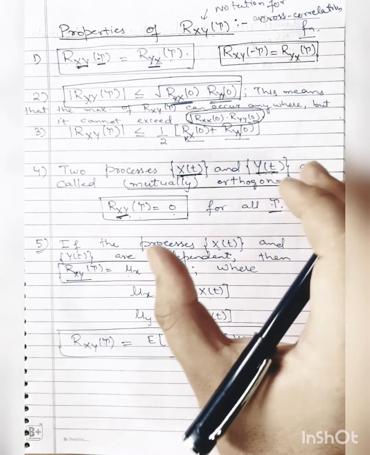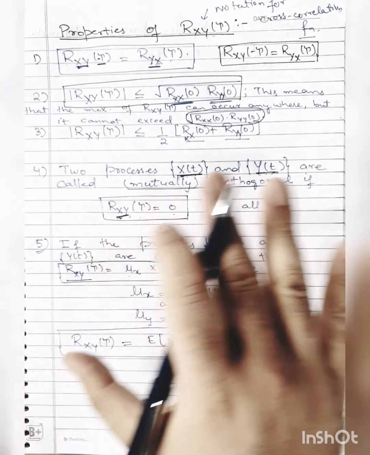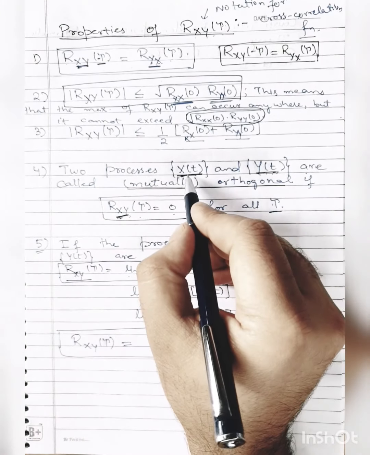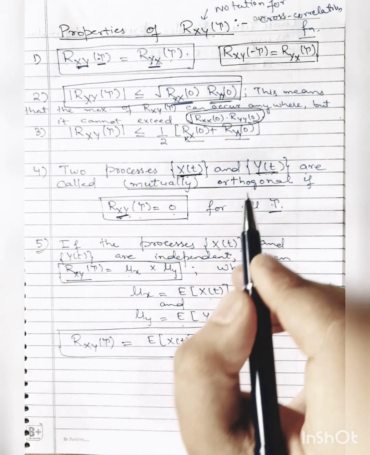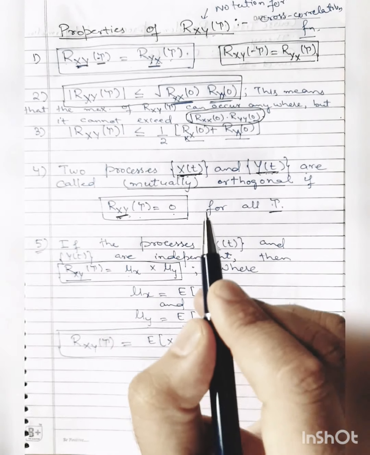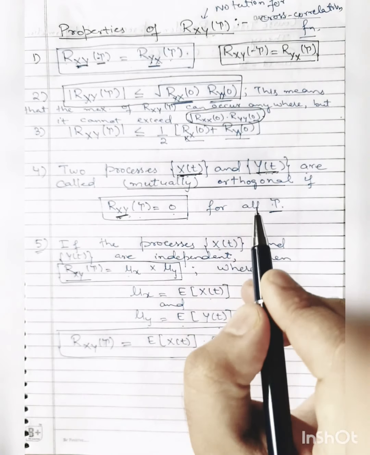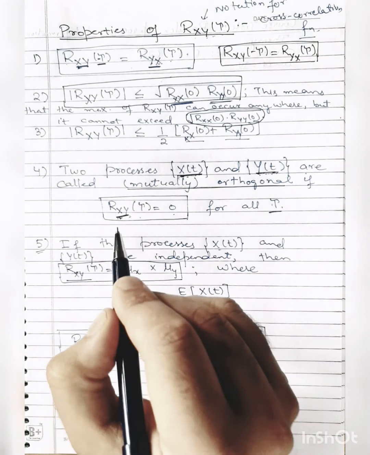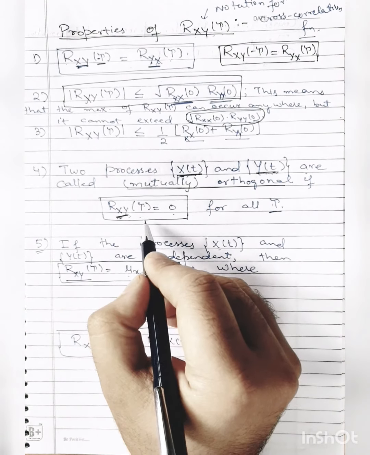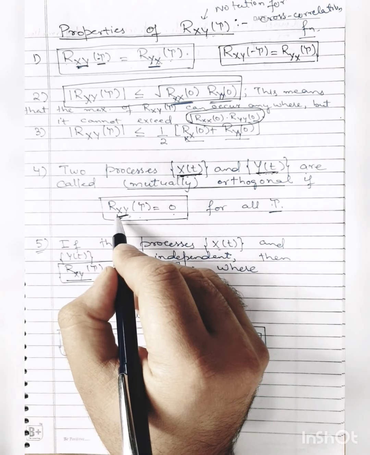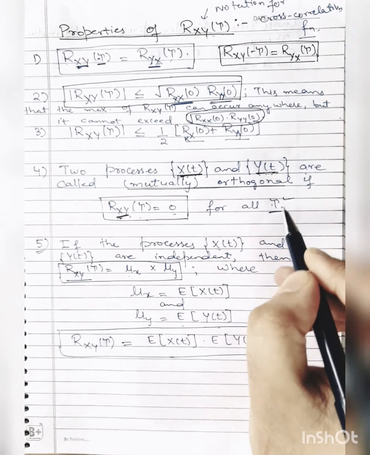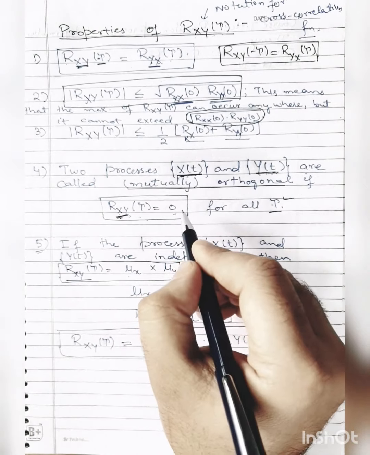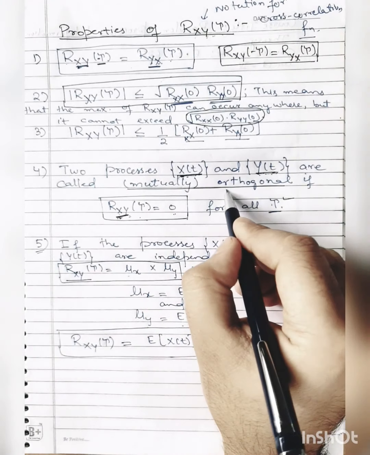They are not related with each other and not similar. There is no similarity between the two shapes of x(t) and y(t+tau). That means these two are orthogonal. The cross correlation function of the two random processes should be 0 for all tau. If this holds, then the two random processes are called orthogonal random processes.